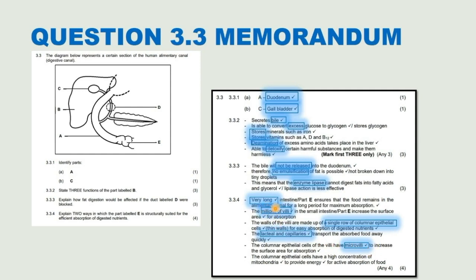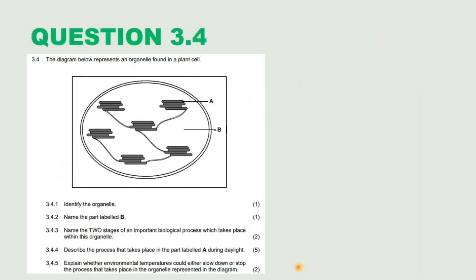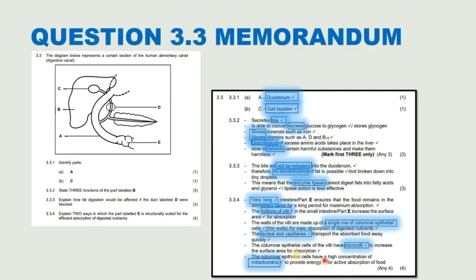We also mention it over on this section, but this is just the villus on its own. So these cells contain their own microvilli to increase the surface area for absorption. Then lastly, the columnar epithelial cells also have a high concentration of mitochondria. So this provides energy for active absorption of nutrients.